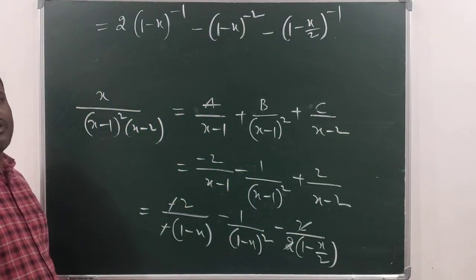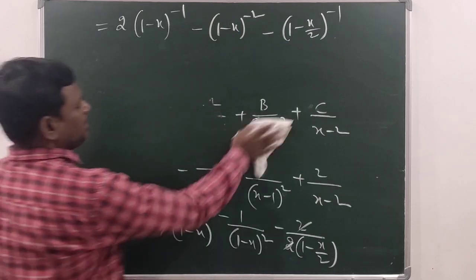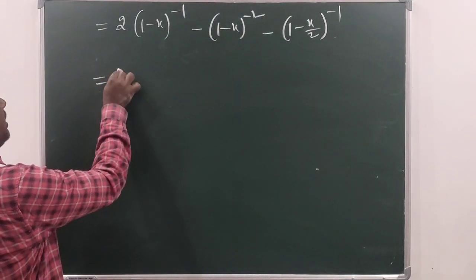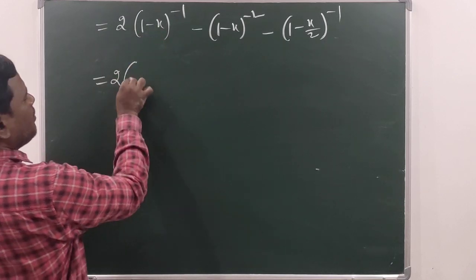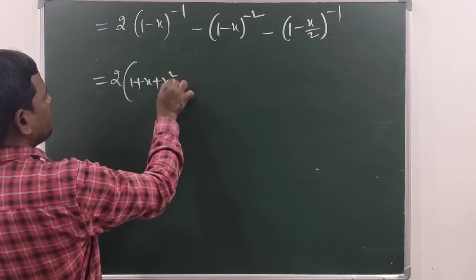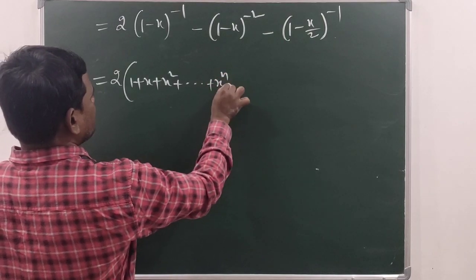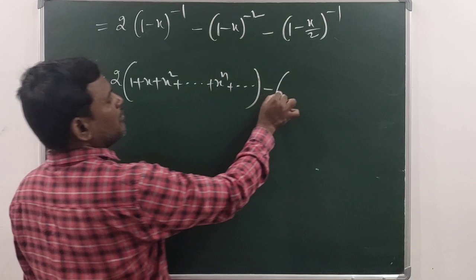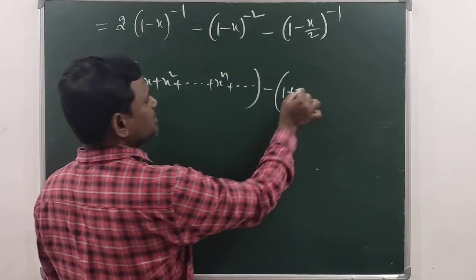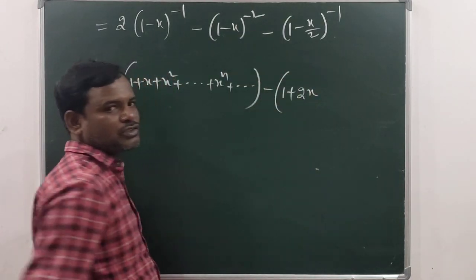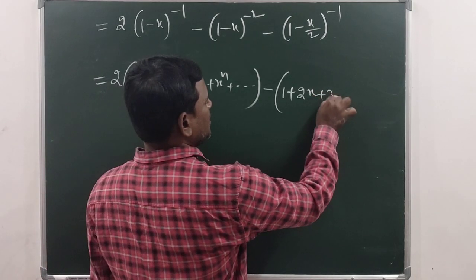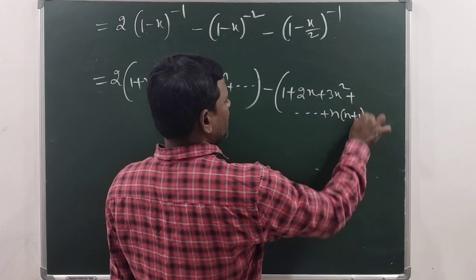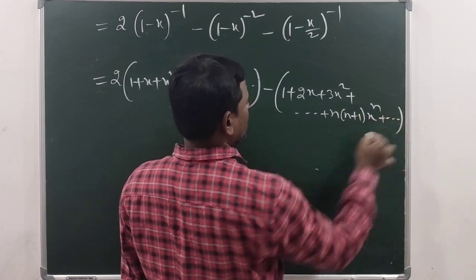Okay students. Now apply the expansion formulas for these three expansions. So here, what do we get? 1 plus x square and so on, x power n and so on. Here, minus means the entire series will be positive: 1 plus 2x plus 3x square and so on, n into n plus 1, x power n and so on.